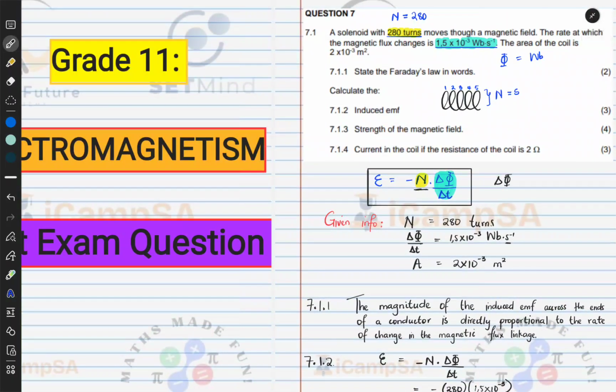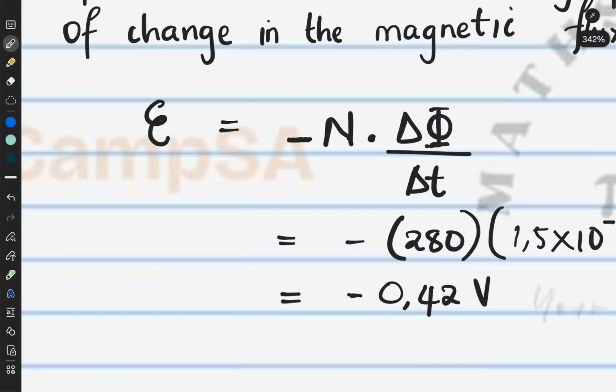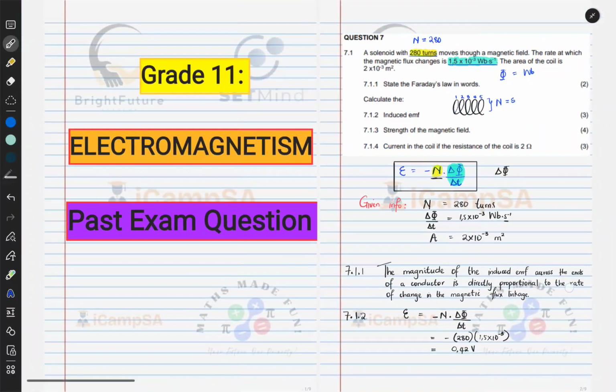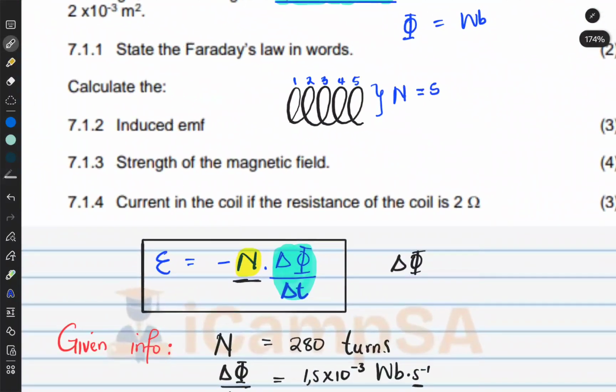Now, the strength of the magnetic field in 7.1.3 is required. I said we'll leave this as positive. So let's check it out.